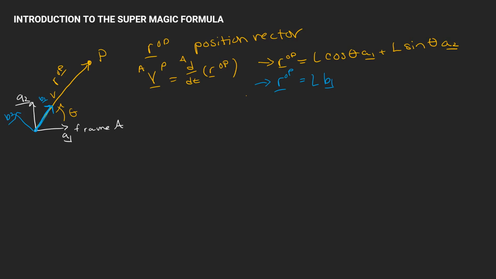Again, we chose this orientation of frame B so that B1 points in the same direction as our position vector of interest. So simply expressing the position vector can be done by multiplying the magnitude of that position vector, which in this case is L, by this unit vector B1.